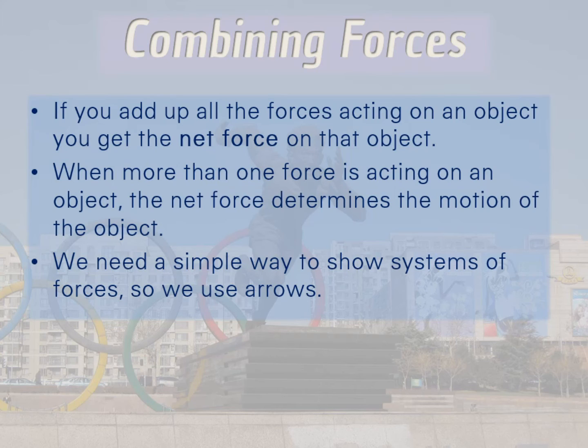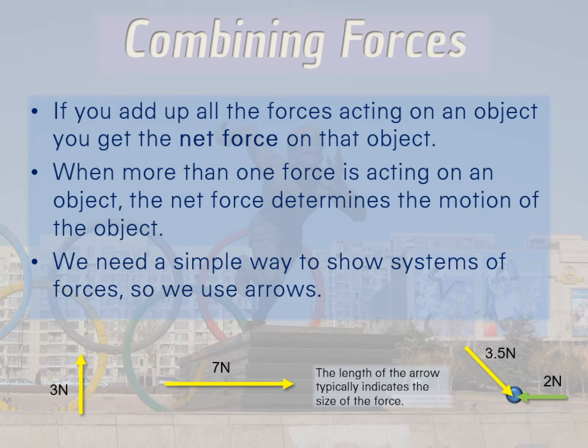So we need a simple way to show systems of forces, and you might be seeing what's going on from the pictures on the last slide. We often use arrows to represent forces. So here we can see some examples of arrows representing forces just randomly in space, and the third example there on the right shows that two forces are acting on it.